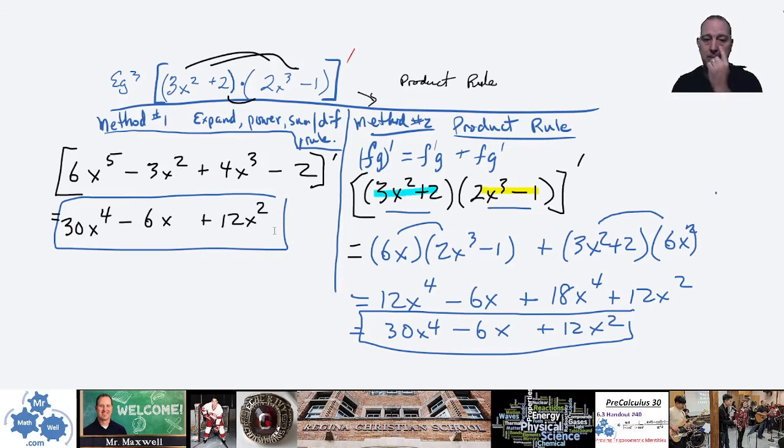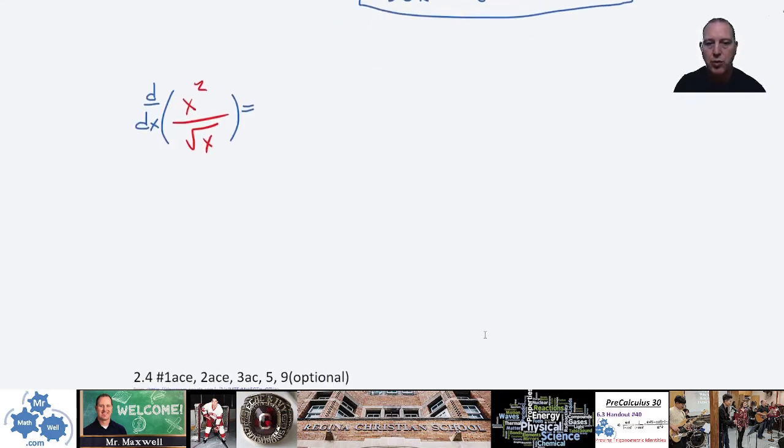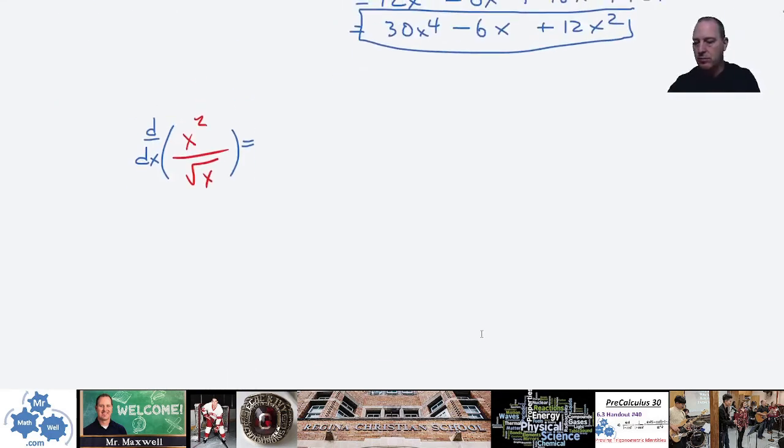So that's one way to do it, but you're not going to want to expand things very often, so you're going to want to try and use the product rule, and that is over here: the derivative of the first times the second plus the first times the derivative of the second. When you simplify all that, you get the exact same as you would have gotten over here just using the power and sum rule.